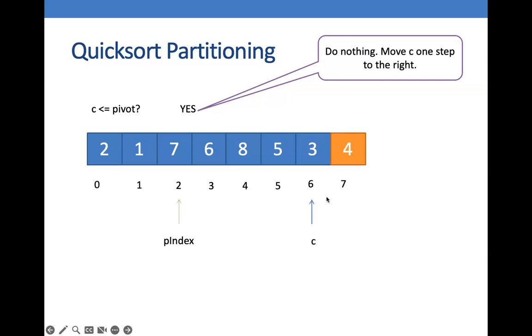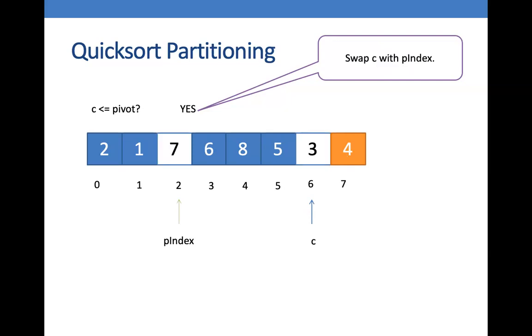And we now check again, is C less than or equal to the pivot, which is 4? So 3 is indeed less than 4. So what we are going to do is swap the value of C with the P index. So now this 3 has been transferred to this side, and 7 has been transferred to the 6th index.